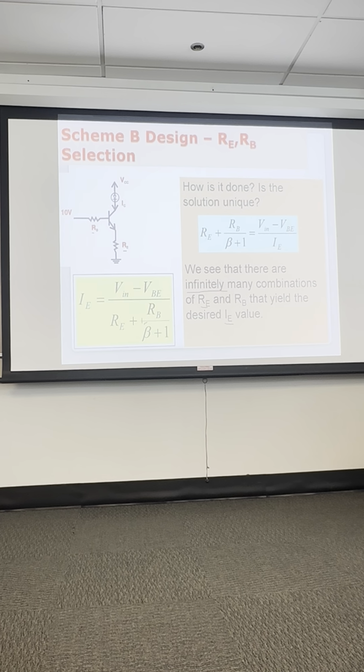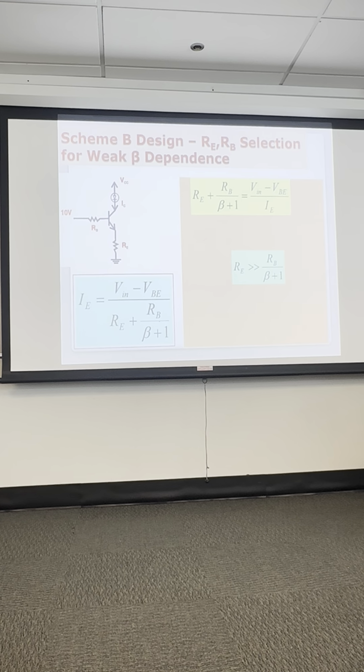And one combination we can use is we can make RE much greater than RB over beta plus 1, or RE much less than RB over beta plus 1. And that's going to reduce the infinite number of combinations down to a much smaller group of numbers.